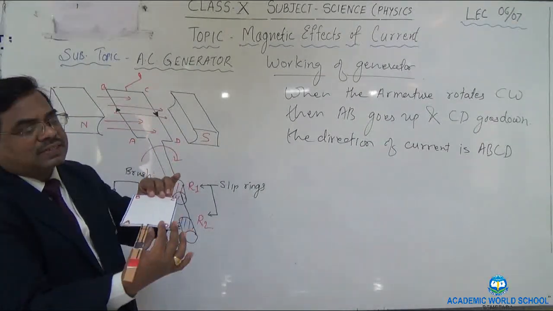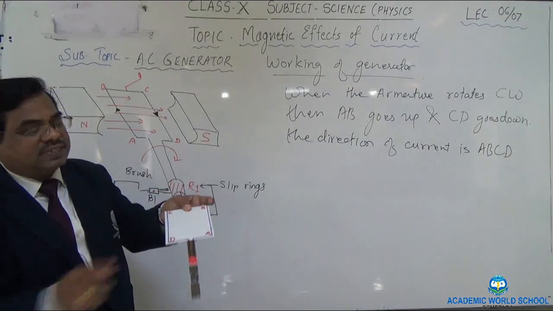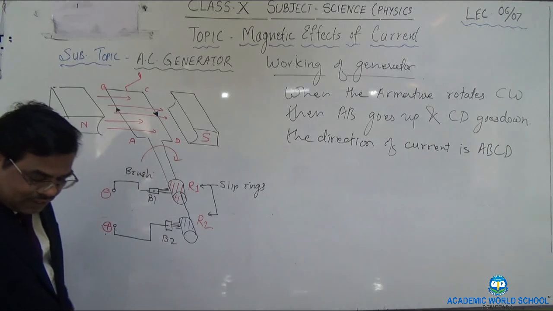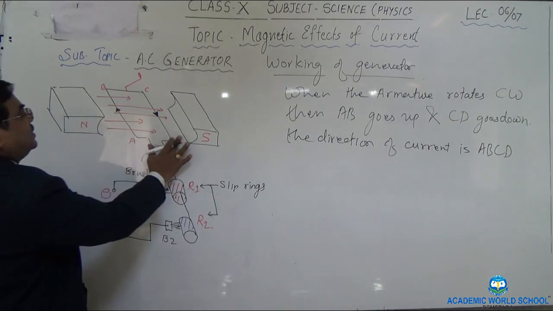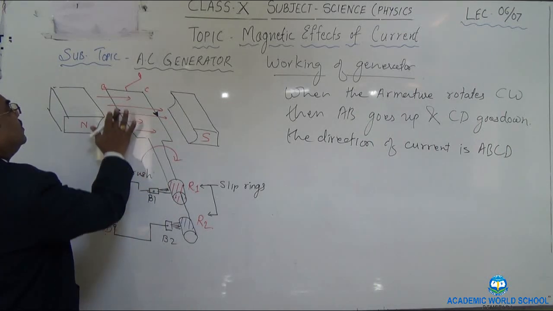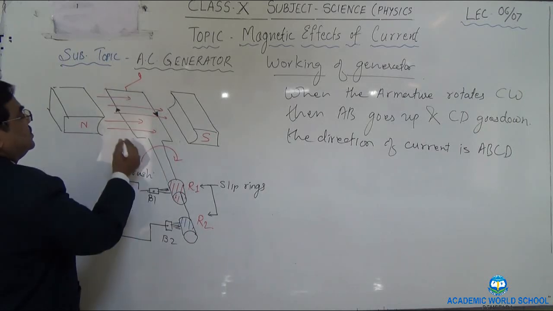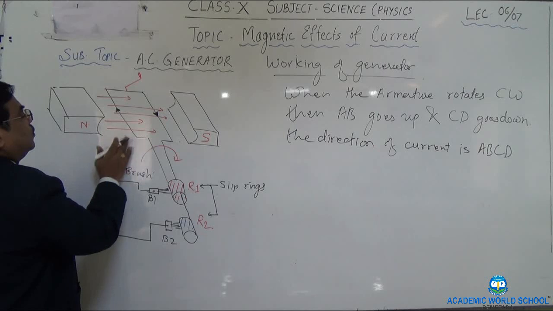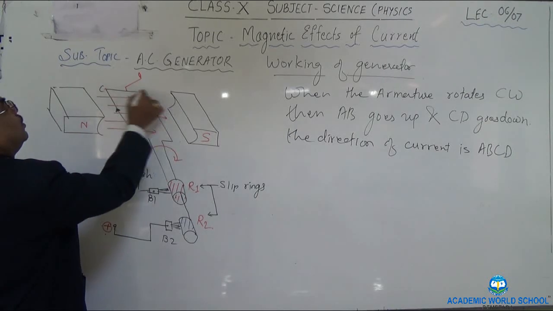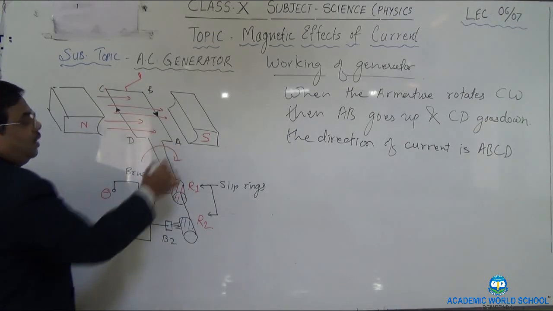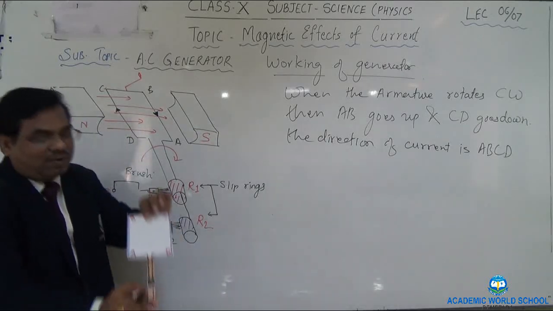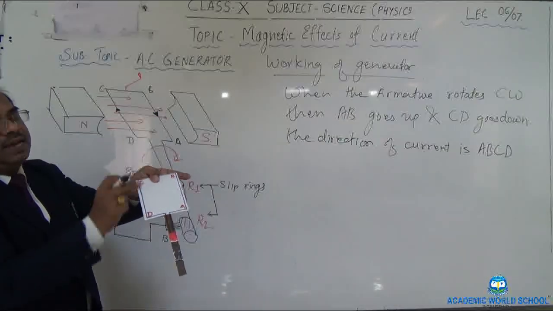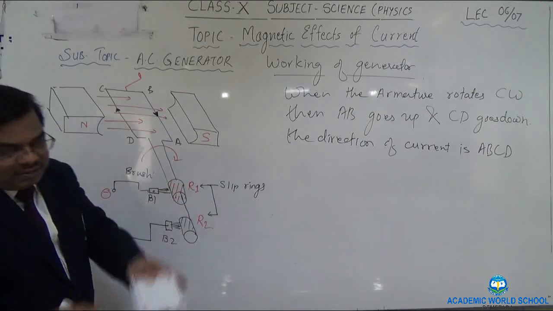Now this CD has come on the left hand side. So after the half cycle, what happens? It turns like this, and now CD comes here. After the rotation, AB has gone on the other side and CD has come on this side.